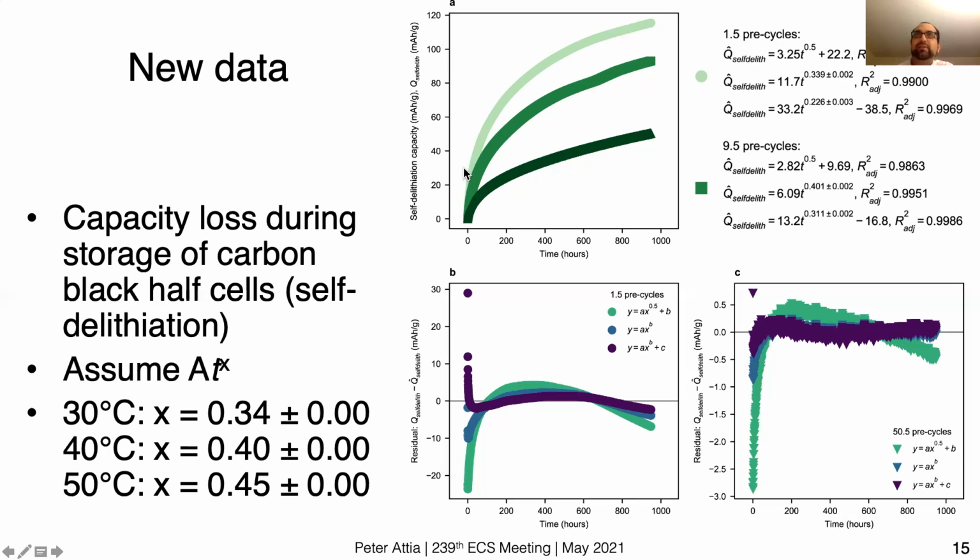Keep in mind that during this delithiation, the voltage of the cell is changing because lithium is leaving the carbon black, so the driving force should be changing with time.